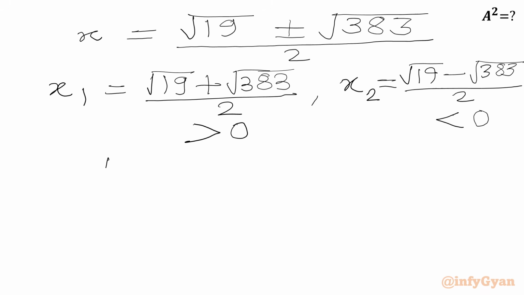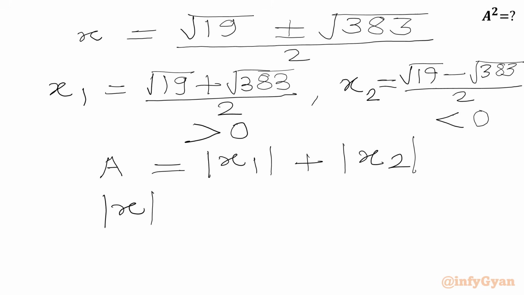Now we have to find a, and a is the absolute value of x1 plus the absolute value of x2. So we will write here the mod definition. Mod x is equal to x when x is positive or equal to 0.